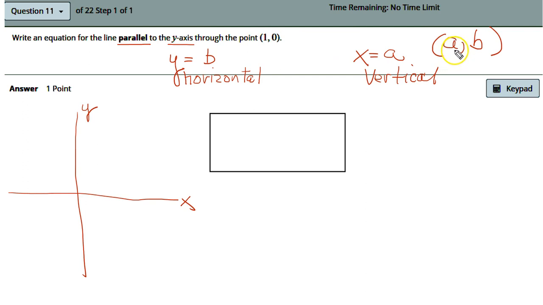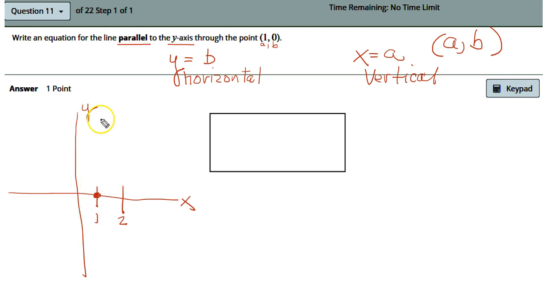Now remember, we said that this ordered pair can also be considered this way, A, comma, B. So this is our A value, and this is our B value. So it's going to go through 1, comma, 0, which, if we make some points here, this is 1, and this is 2. And then 1, comma, 0 is right there.